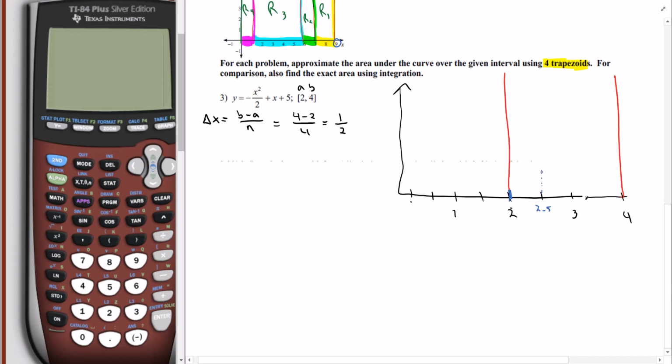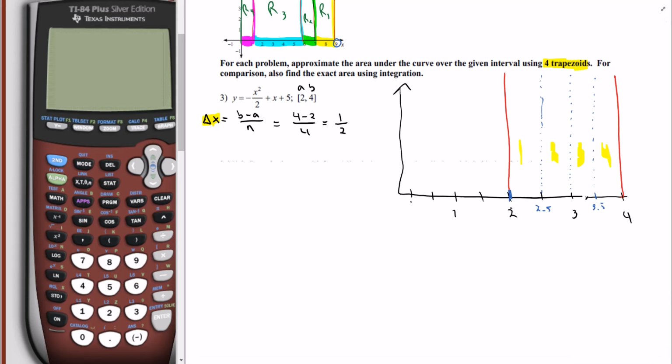So one of these regions is going to be through there, and then I'm going to count over half again, right? 2.5 plus half is 3, so the next one's going to put me there, and then 3 plus 0.5 is going to put us at 3.5, and then 3.5 plus 0.5 is at 4, and so you can see we have 4 regions here, right? We have 1, 2, 3, 4 regions. And so that's how this helped us, it found the width of each region.